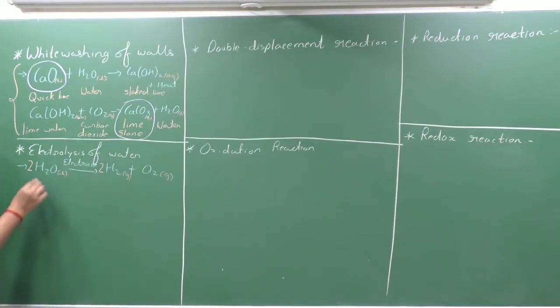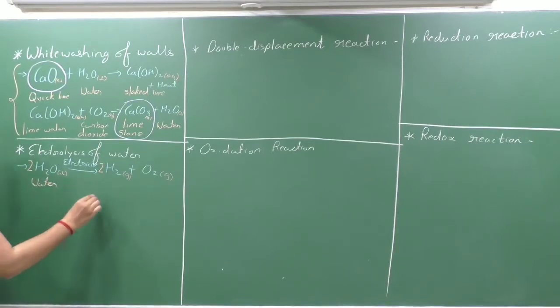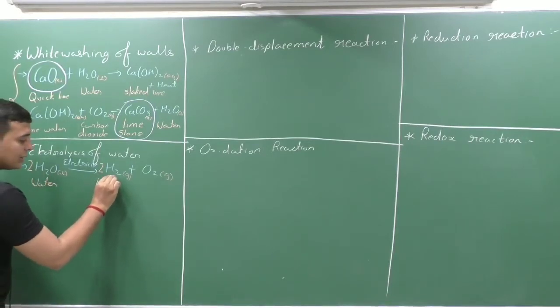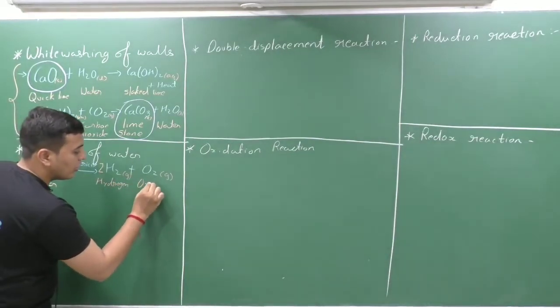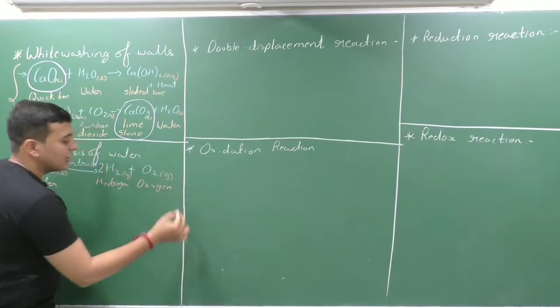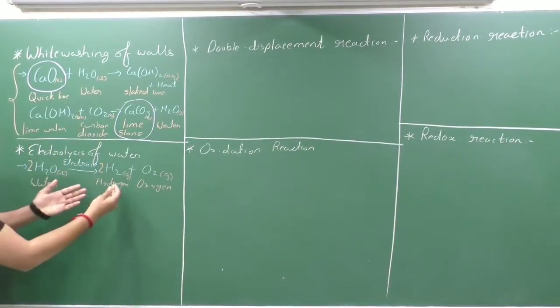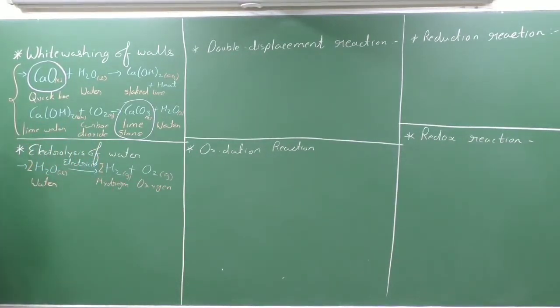Now the next step: H2O, that is water, H2, that is hydrogen gas. Clear? This is O2, that is oxygen. So during the electrolysis of water, we get hydrogen and oxygen. Simple, quite simple.